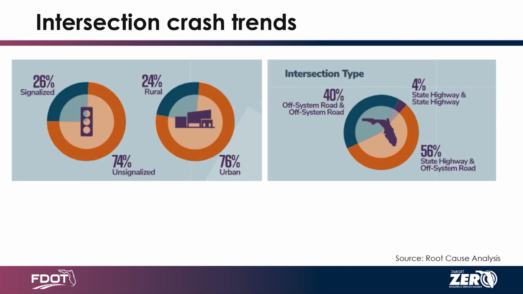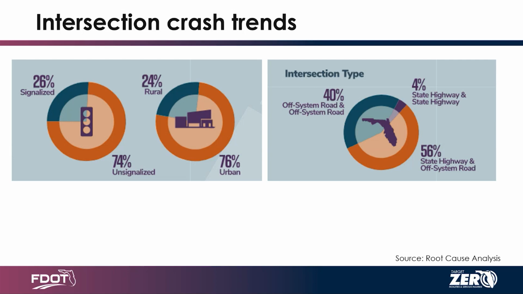And then just again, some high level statistics. 26% of those are occurring at signalized, 74% at unsignalized, 76% at urban, 24% at rural. And so a lot of these more serious crash types are occurring at unsignalized intersections.